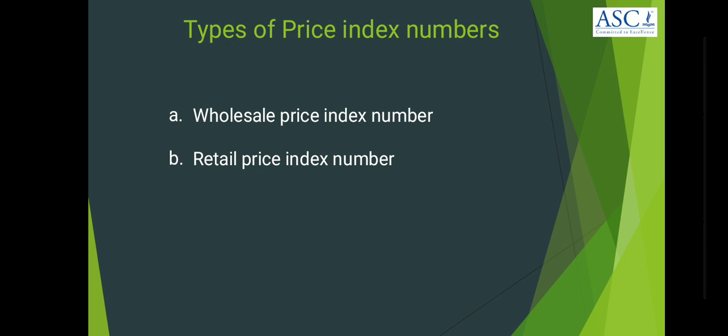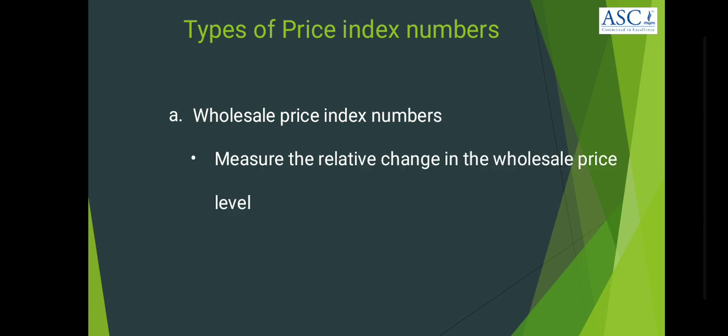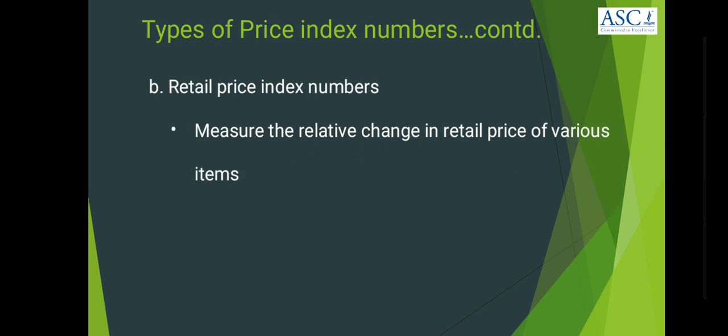Types of price index numbers. Among them, the first one, wholesale price index numbers. Wholesale price index numbers measure the relative change in the wholesale price level of various items, whereas retail price index numbers measure the relative change in the retail prices of various items.